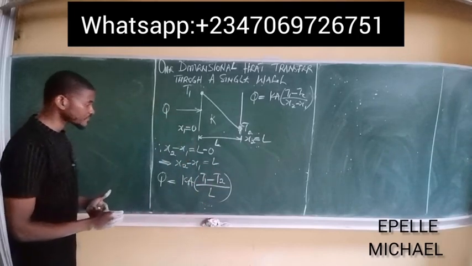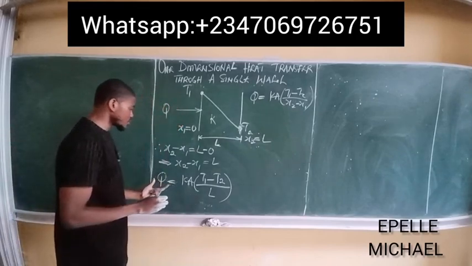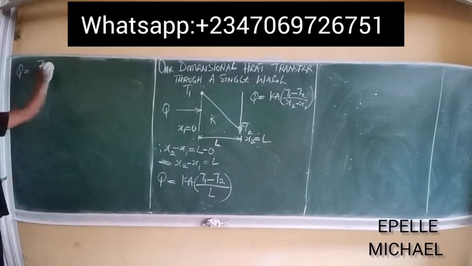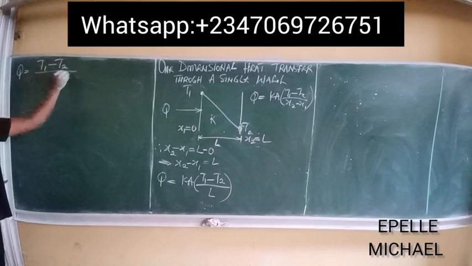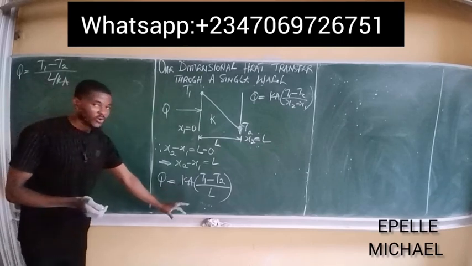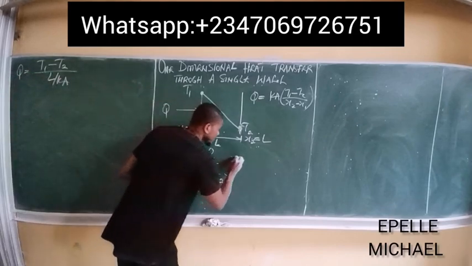So we have this. And if I want to rewrite this equation, I can simply have Q equal to T1 minus T2 all over L over KA, by the rule of fractions, since I can send KA under here. Let's explain that concept.